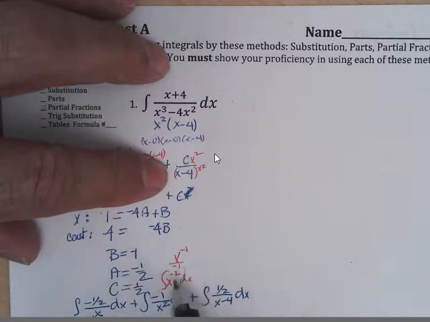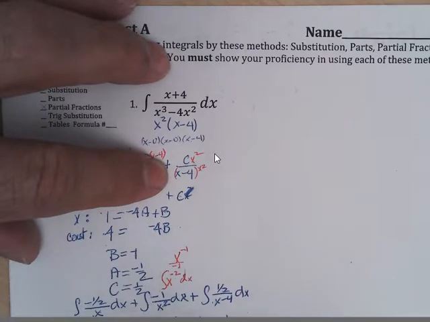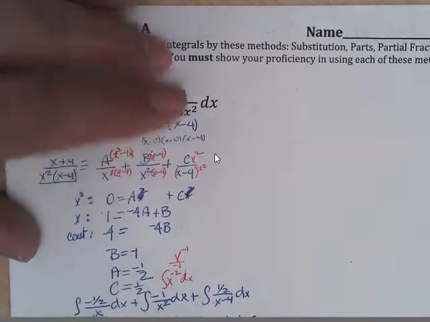And so I get minus 1 over minus 1, which is plus 1, and x to the minus 1 is 1 over x. Plus the half comes out. This is a linear term. It's not 2x, so I don't have to divide by 2 or 3x or something like that. So it's just ln of the absolute value of x minus 4 plus c.